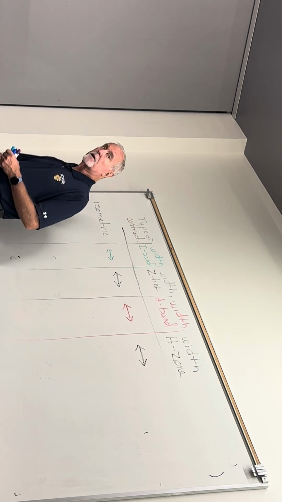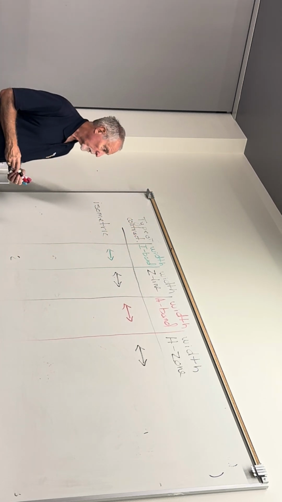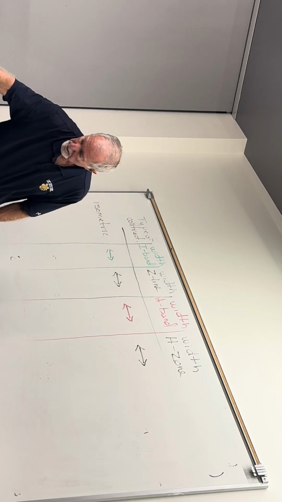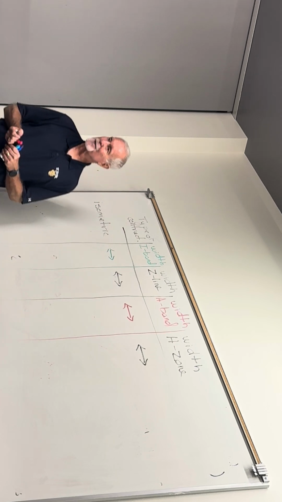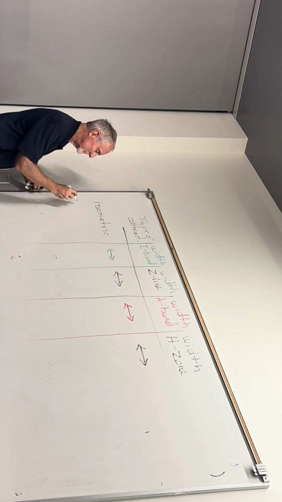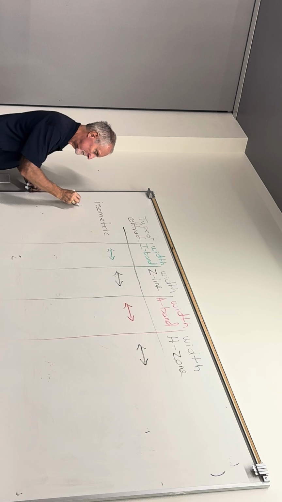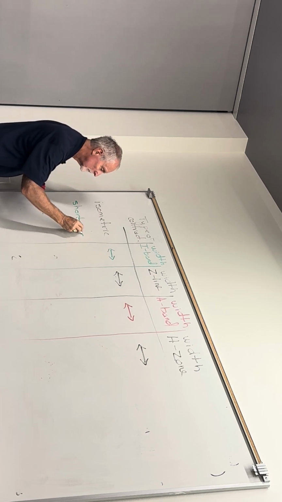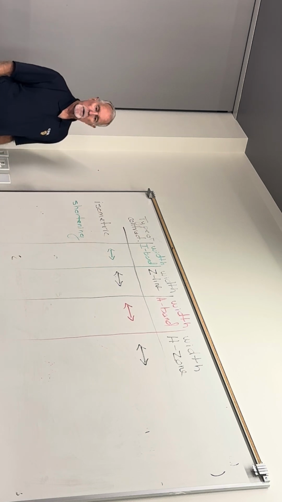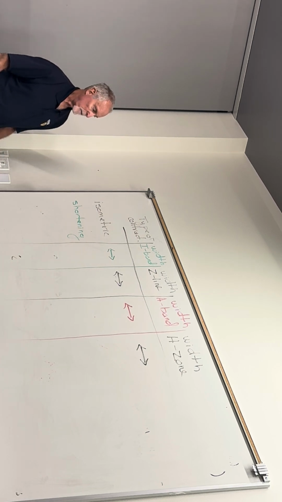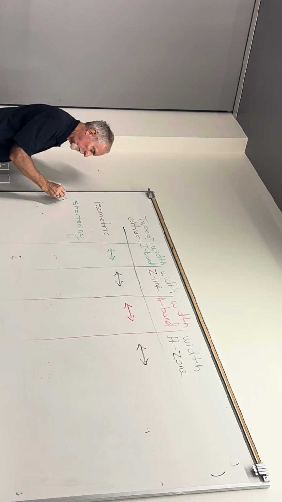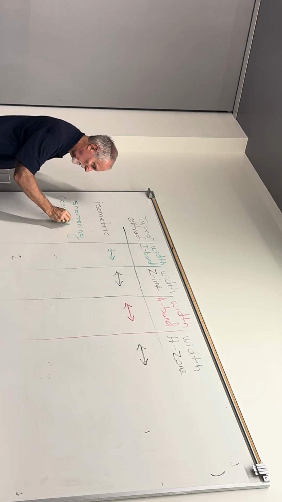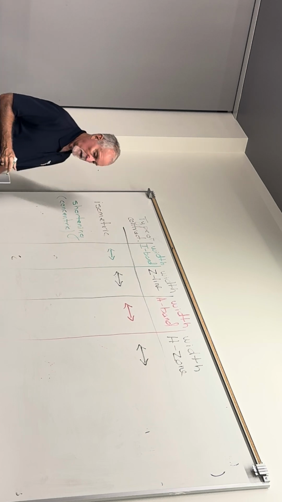The next type of contraction we're going to refer to as a shortening contraction. The other term that's used to describe a shortening contraction is a concentric contraction.